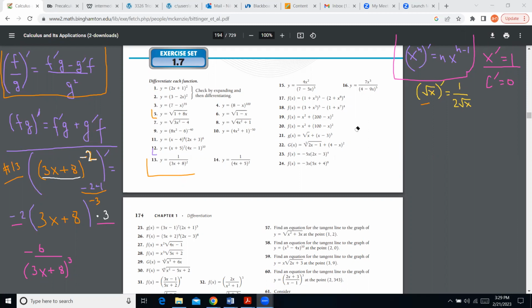In some exercises here, you may not have a choice but to use the derivatives of quotients, but sometimes you can, and whenever you can rewrite this as a power, then you can always, and you should always do that. But the answer is the same no matter what.